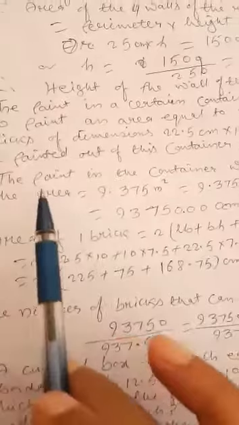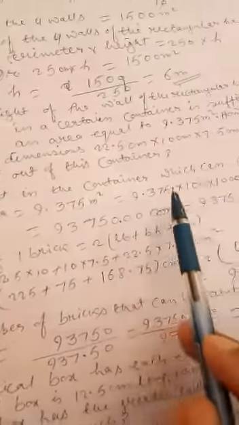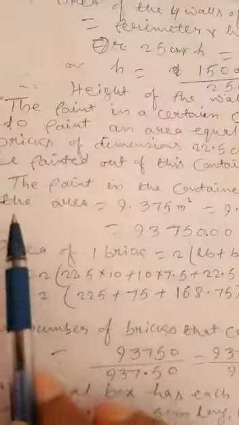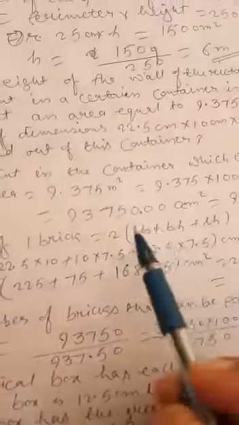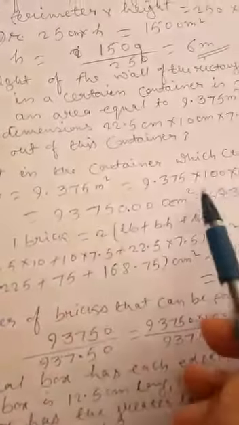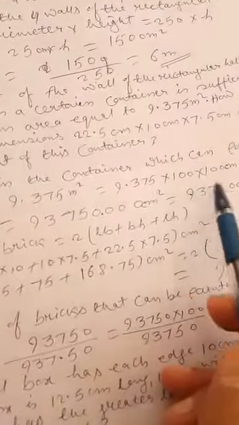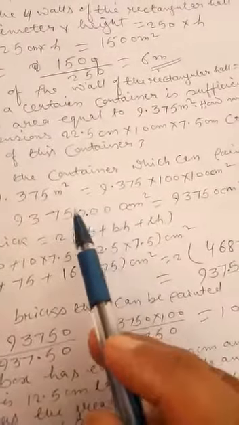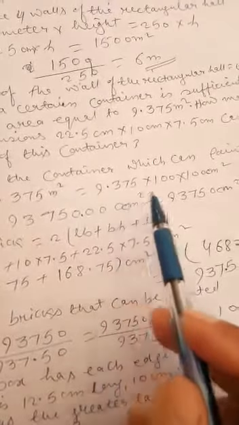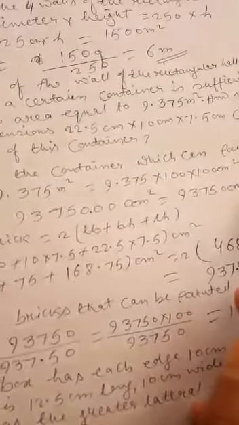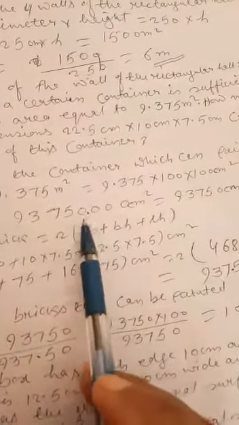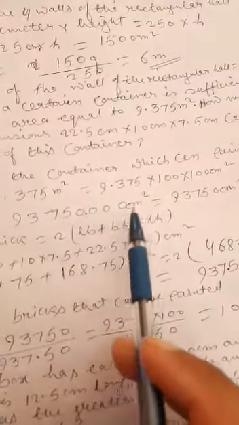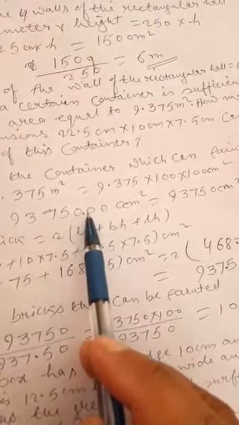Dear students, here the paint in the container can paint the area equal to 9.375 meter square, and if we convert meter square into centimeter square, we multiply it by 100 into 100. So we get 9.375 into 100 into 100 centimeter square, which is 9375000, and after 3 places decimal you put the point over here.